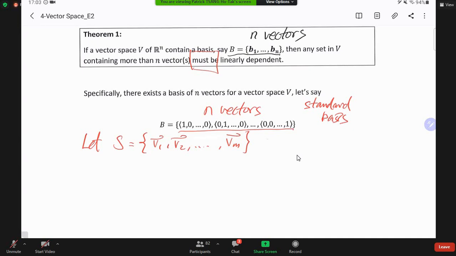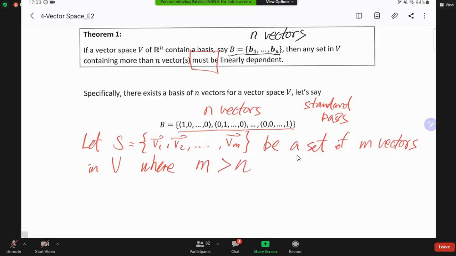So we let S be a set of m vectors in V. That means we are talking about the same vector space, otherwise it is meaningless to compare. So I assume there is another set called capital S, consisting of m vectors in the vector space capital V, where the value of m is greater than n.